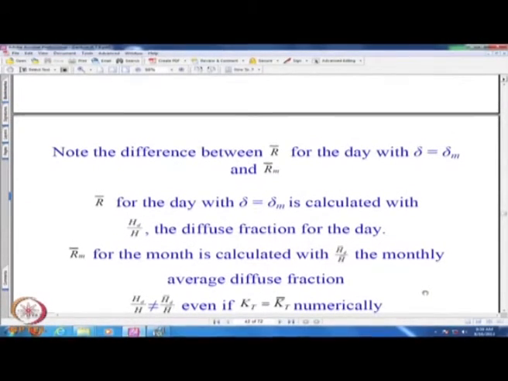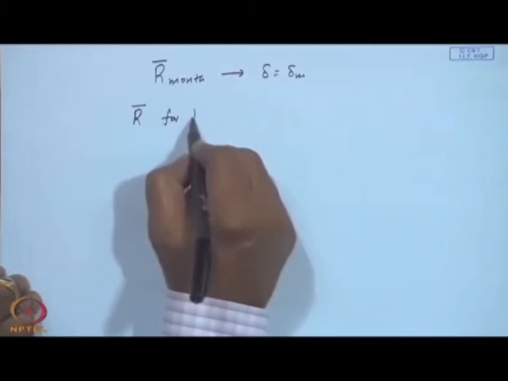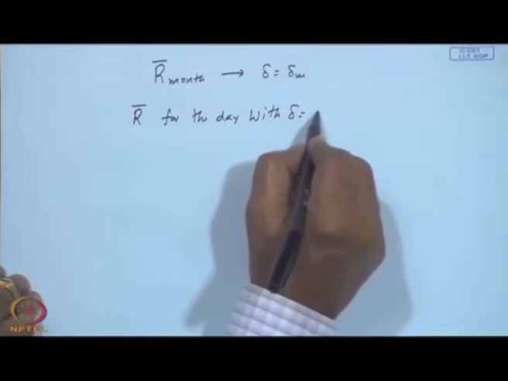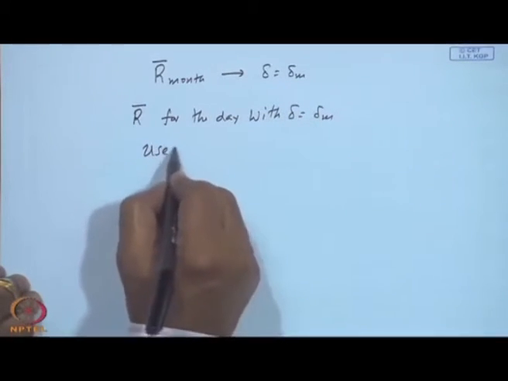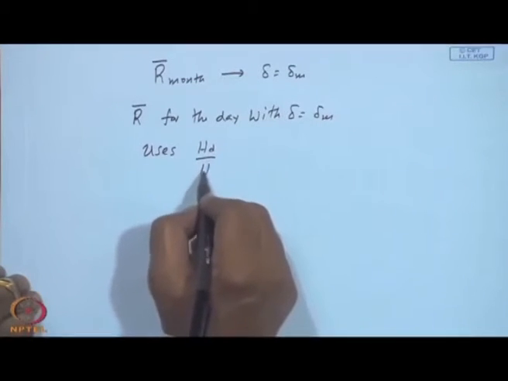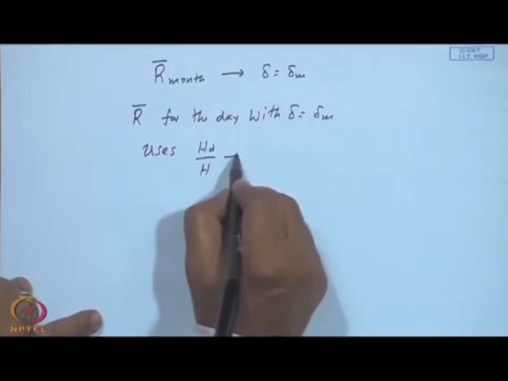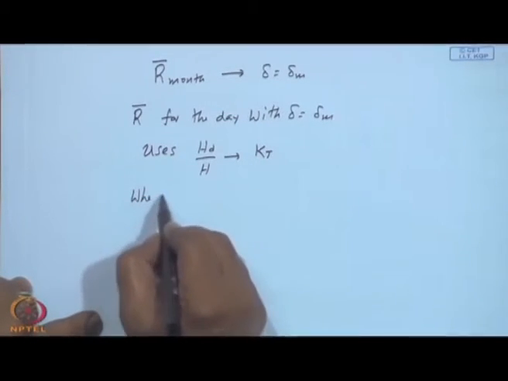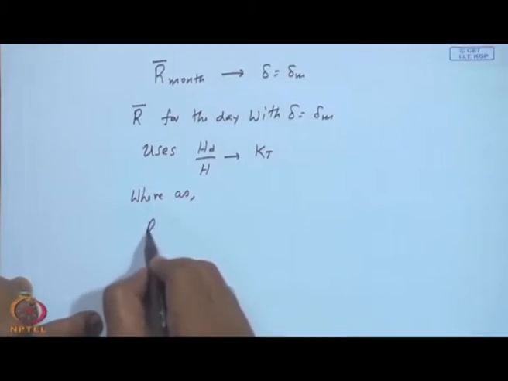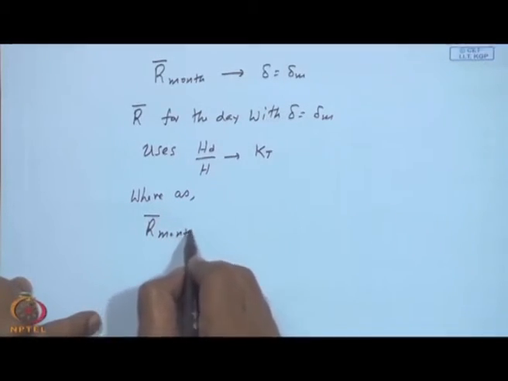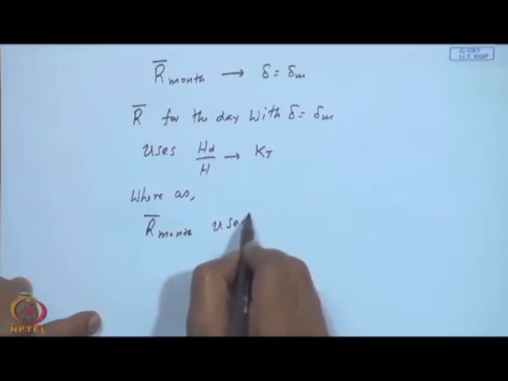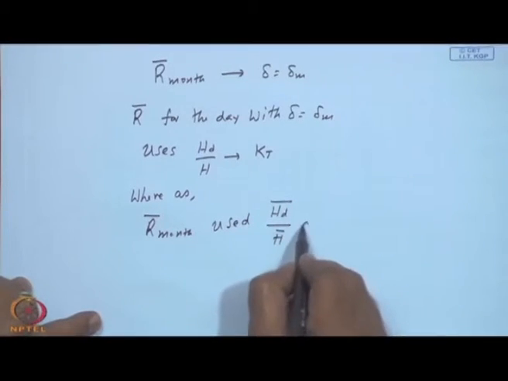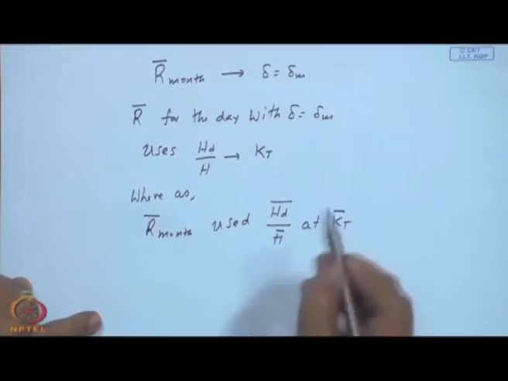The difference is R bar for the day with delta equal to delta m uses H_d by H, that is the daily diffuse fraction corresponding to daily clearness index K_T, whereas R bar month uses H_d bar by H bar at K_T bar.